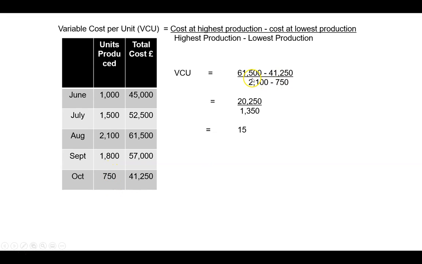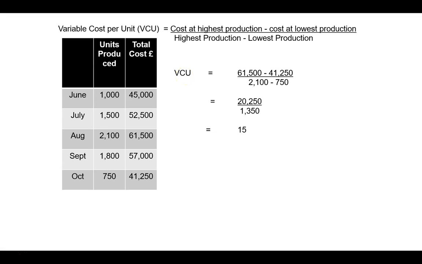So as you can see, it's always the money divided by the output. It's not the output over the money. It's the money on top, which is the 61,500 minus your 41,250 divided by 2,100 minus your 750. So when we work this out, we get 15. So once we get 15, that's our variable cost per unit.